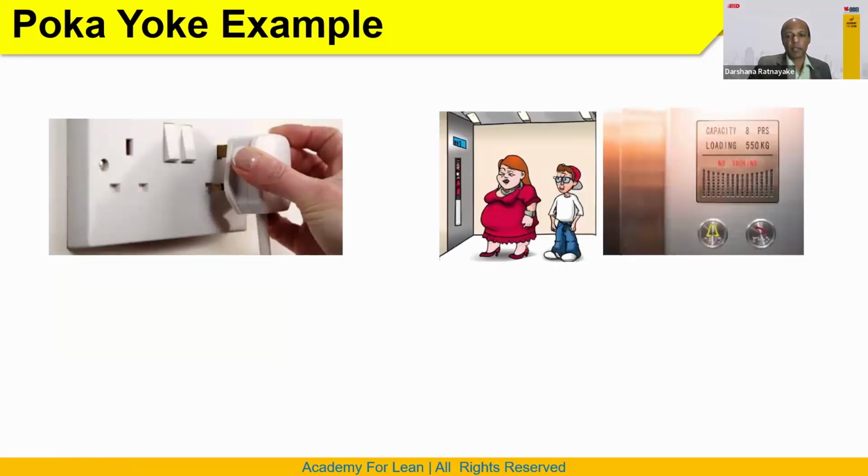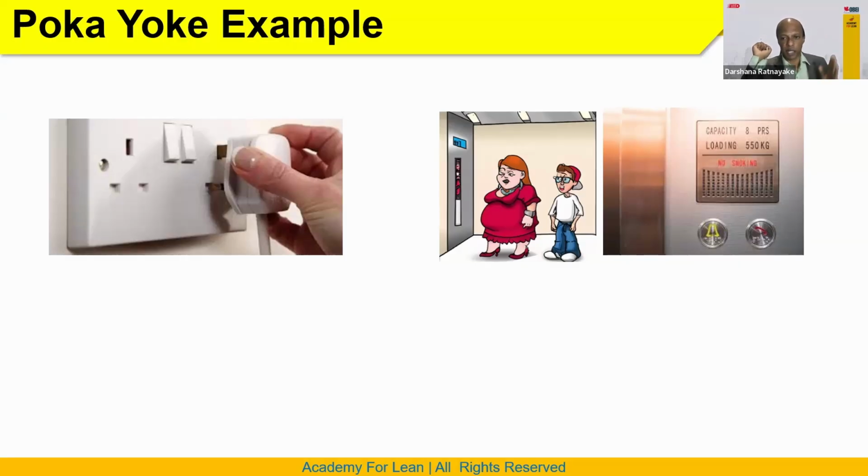And we'll go for another example: the lift. If more people are in the lift and it exceeds the weight limit, the lift will not work and there will be an alarm. It says overload, no? Overload, but the lift does not go. So that is an error proof.